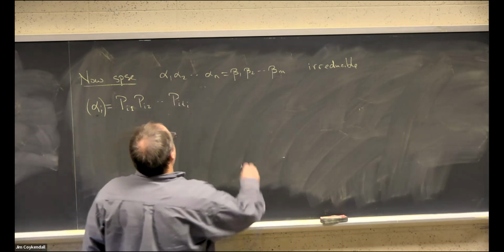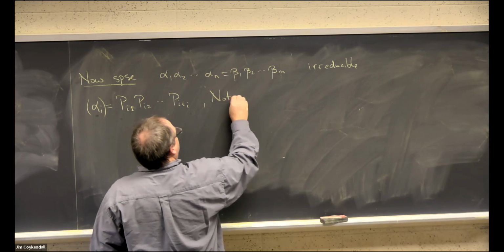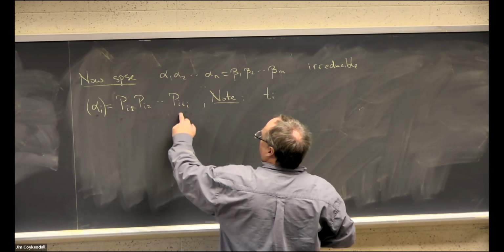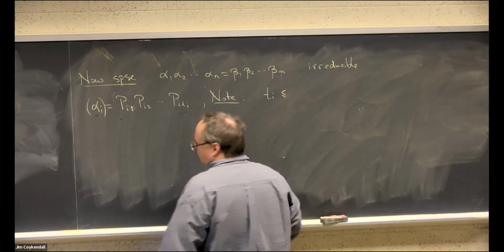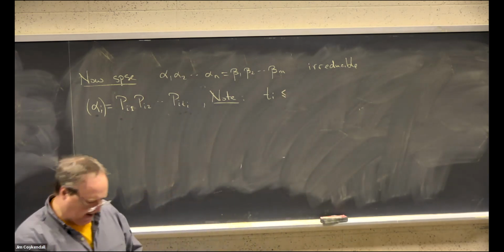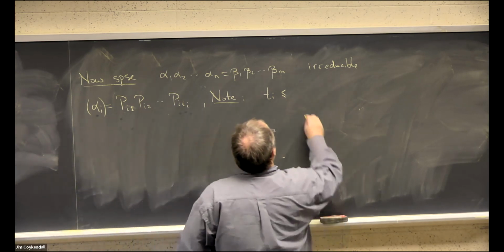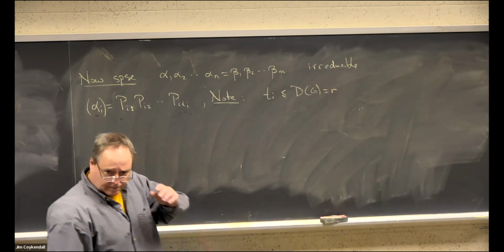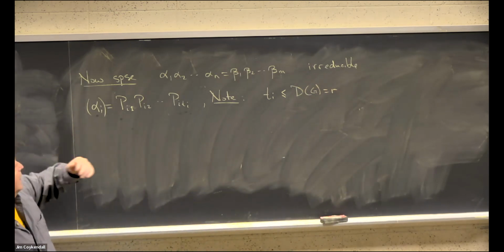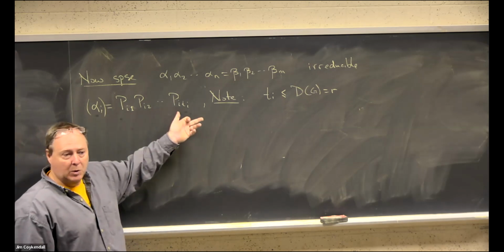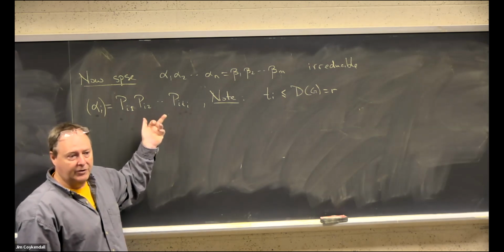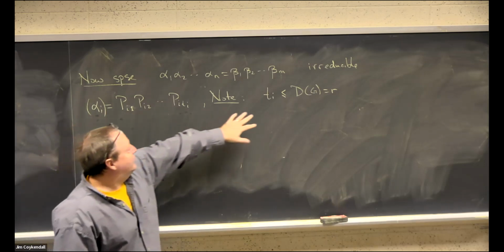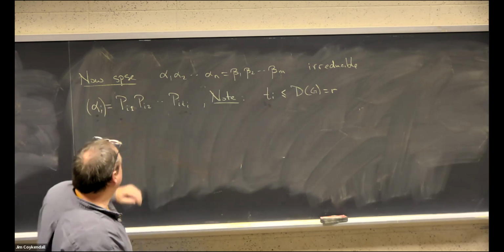And notice that each t_i, which is the number of factors here, must be less than or equal to the Davenport constant. Because if this exceeds the Davenport constant, that must mean that there's a proper zero subsequence, which means it's a factor. That, of course, follows from the irreducibility.